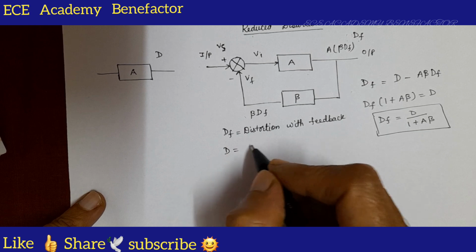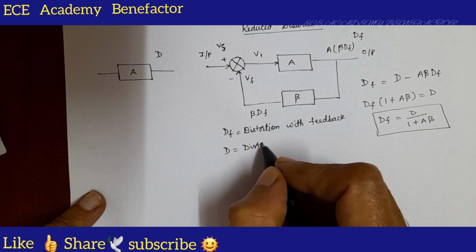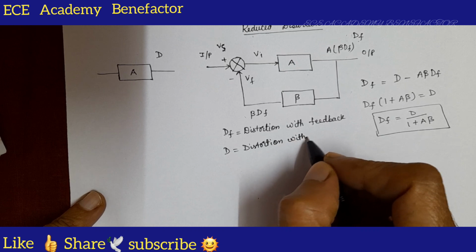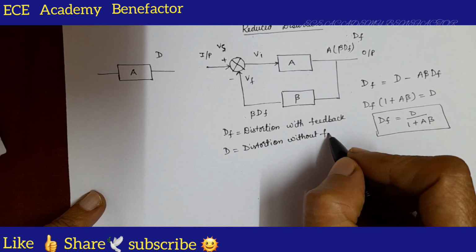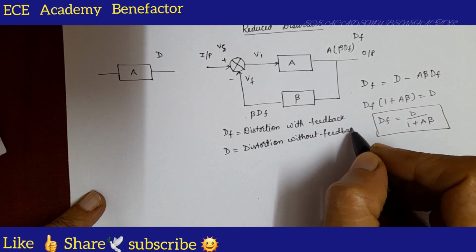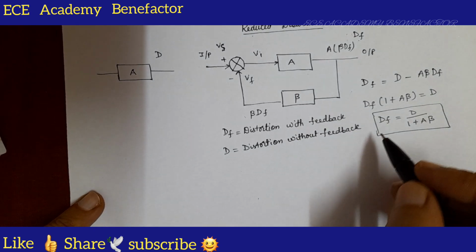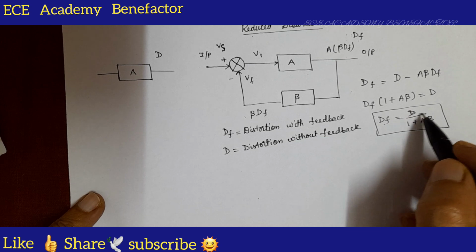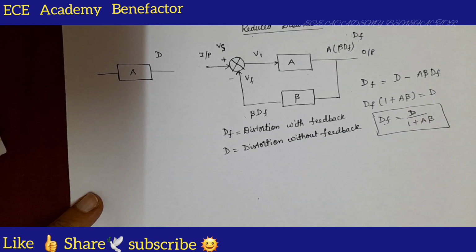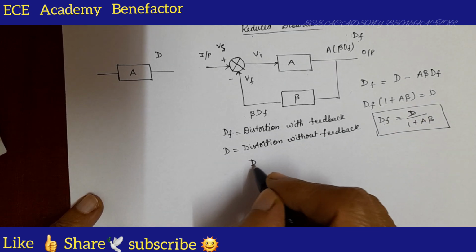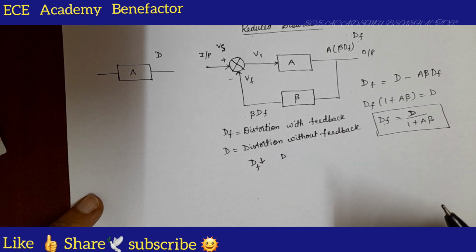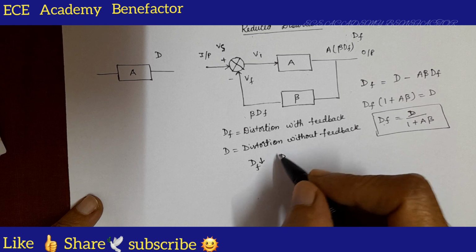And D is distortion without feedback. So now in Df, this capital D is divided by some value greater than one. It means Df will definitely be less compared to D. Yes or no? This is the net distortion.